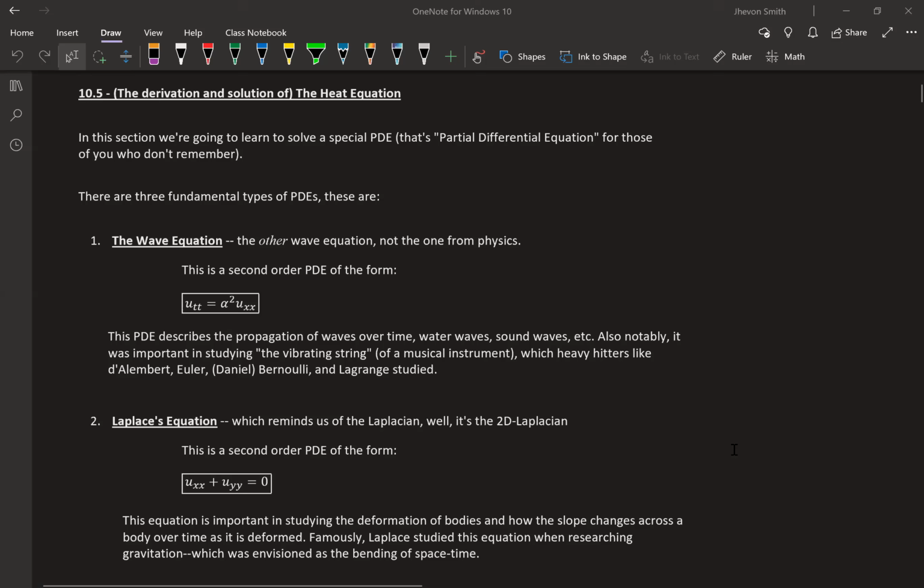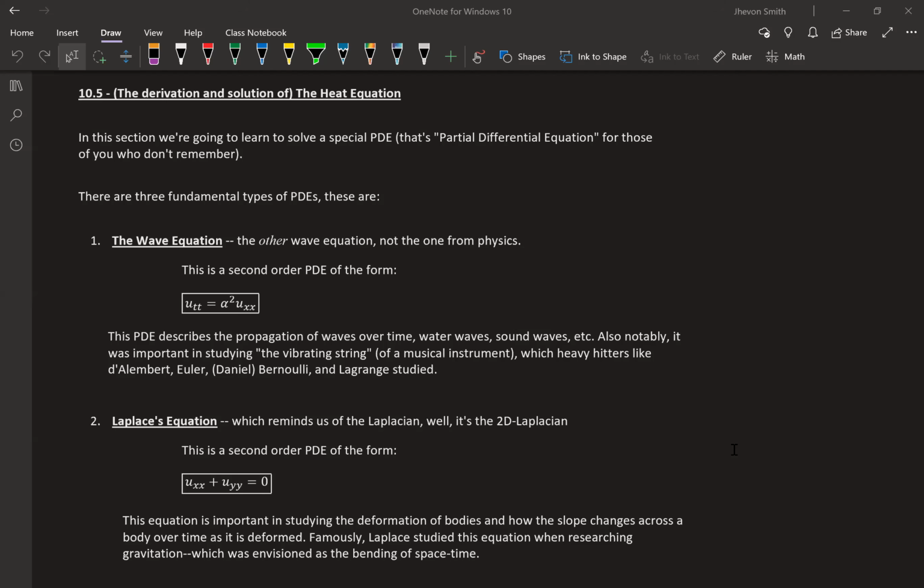Laplace equation. This was studied by Laplace when he was studying gravitation. It has to do with the deformation of bodies. And it turns out you can consider gravity as sort of a deformation of space-time. So you want to study gravity, it turns out, you're going to the general theory of relativity or anything of such form. At some point, you're going to talk about the Laplacian.